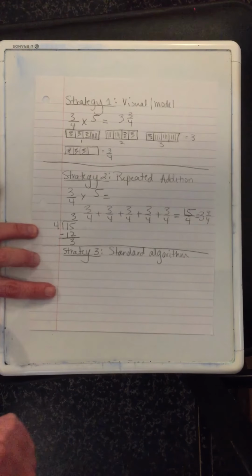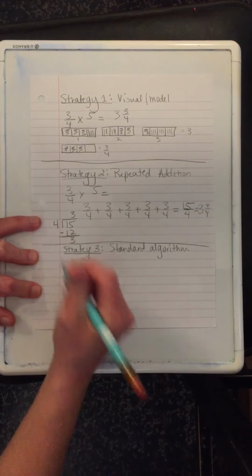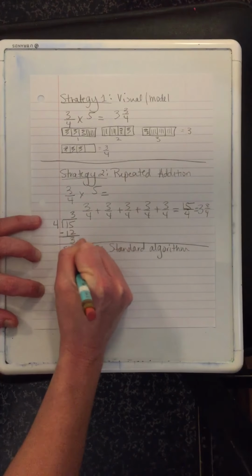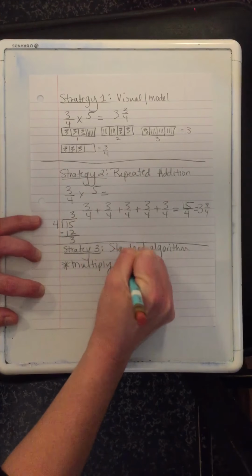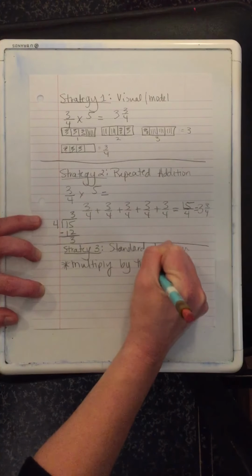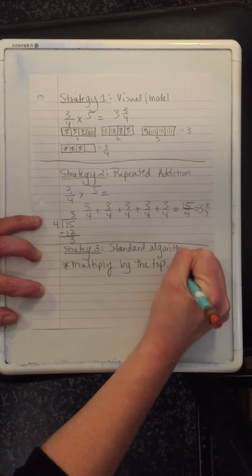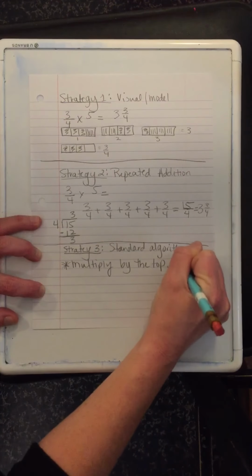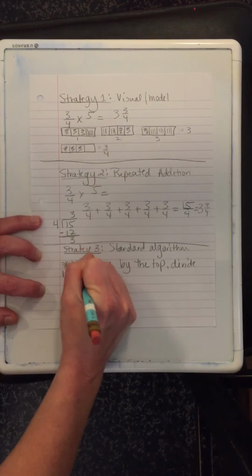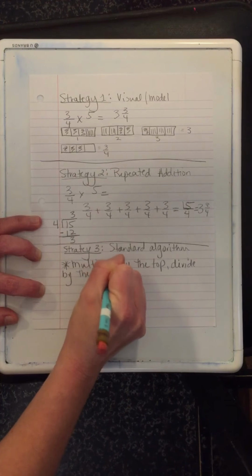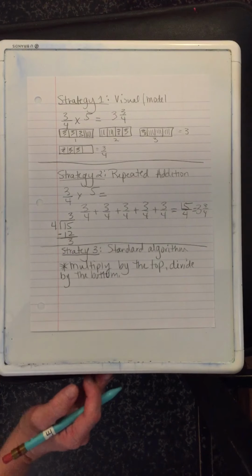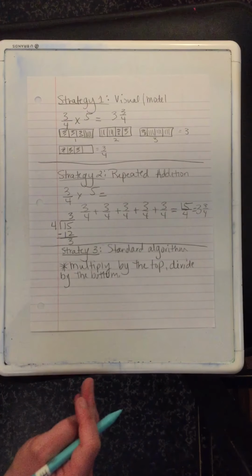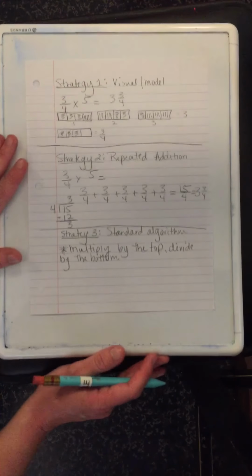And the way that we do the standard algorithm, we can put this little note here: multiply by the top, divide by the bottom. Multiply by the top, multiply by the top, divide by the bottom, multiply by the top. Okay, I won't sing anymore.